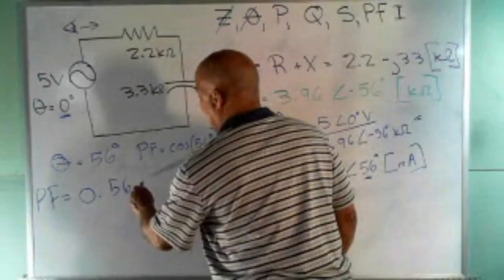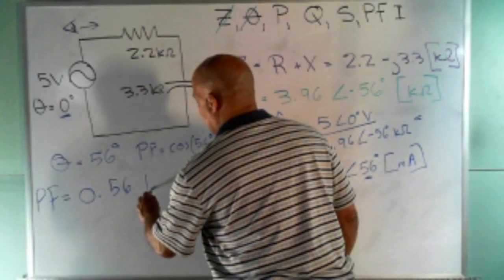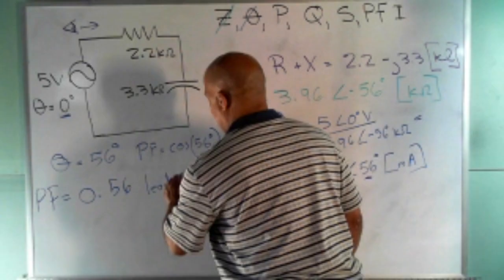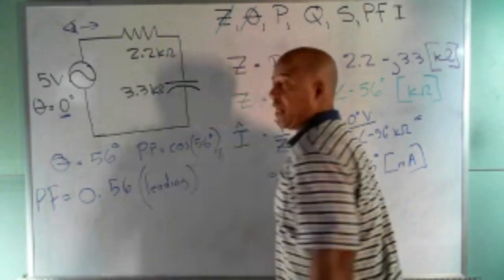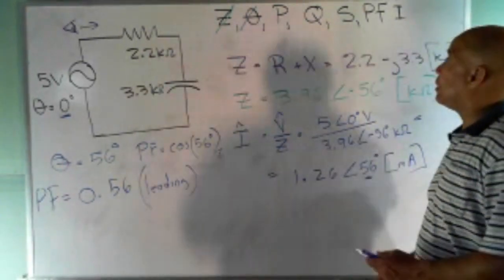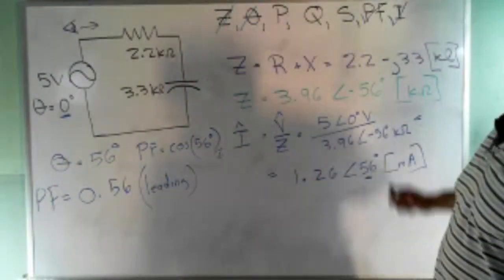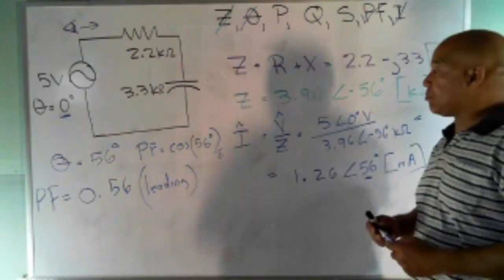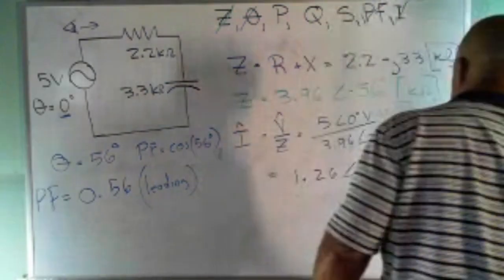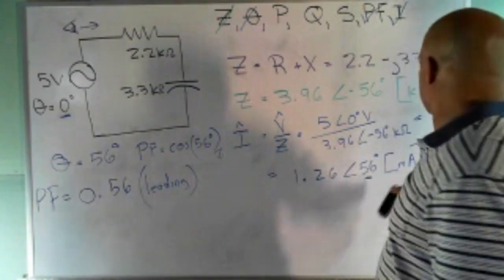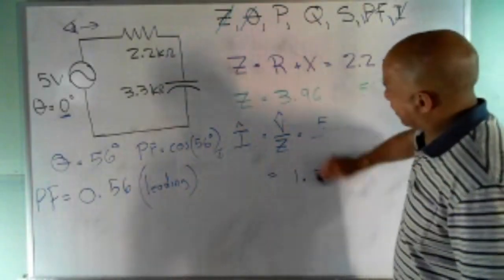So I would say 0.56 leading. That's the way you report the power factor. So we got that one. All we got now is power. That's pretty easy. When you do power, you want to work off the power triangle. So let's put the power triangle up there.